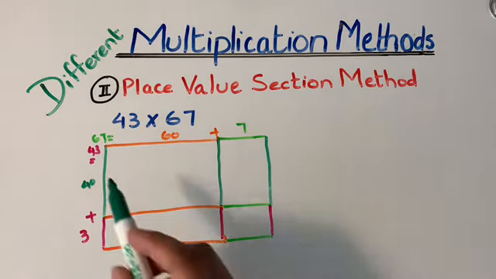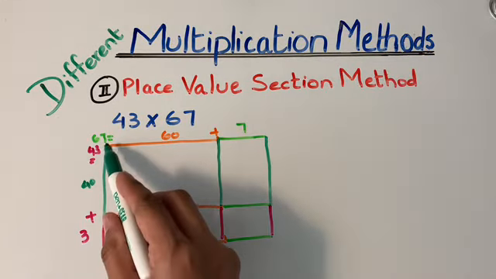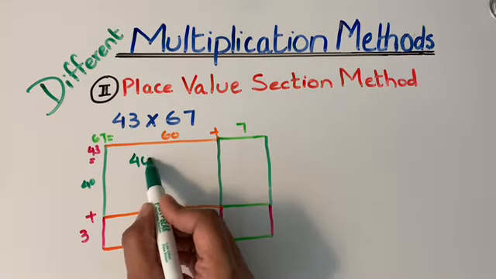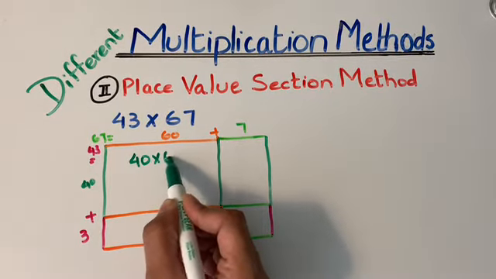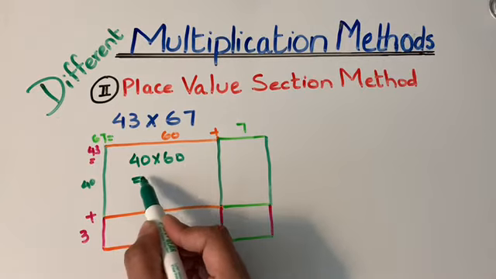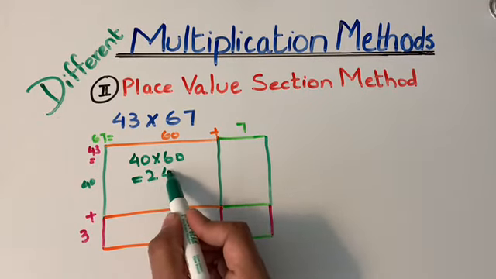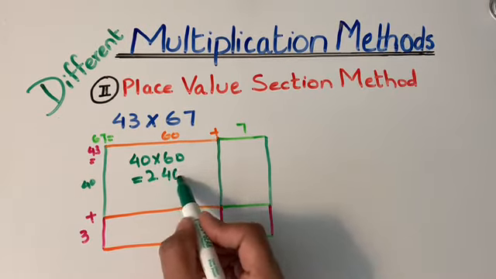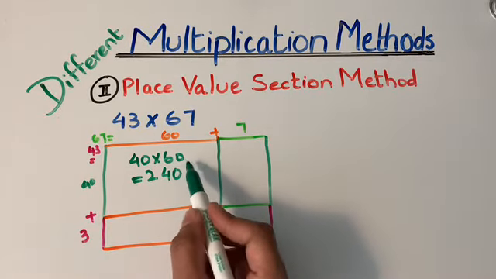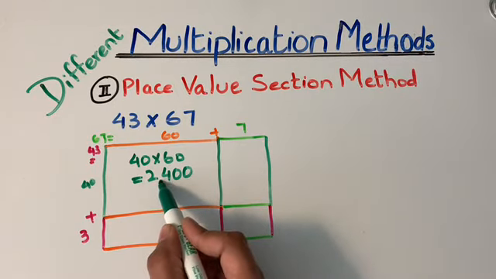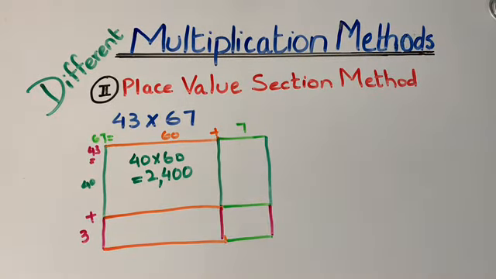In our first section, we have to multiply 40 times 60. So 40 times 60 is 4 times 6 is 24, and 1 zero from 40 and another zero from 60. So this will be 2,400. Right.